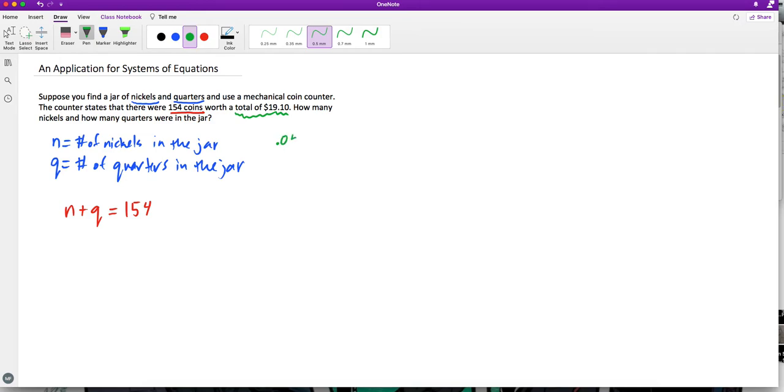In other words, $0.05 per nickel times the number of nickels, and that would be 0.05N as the value of the nickels.